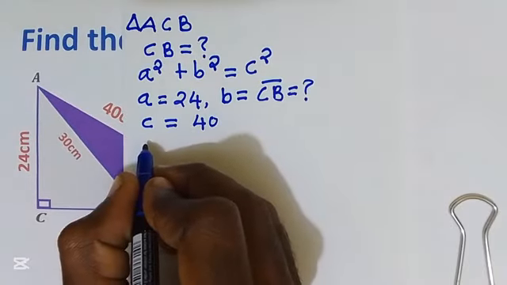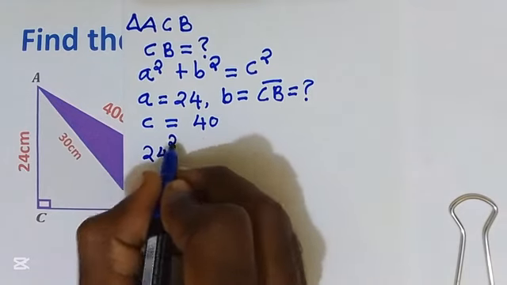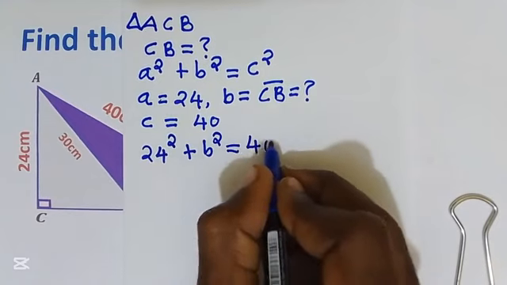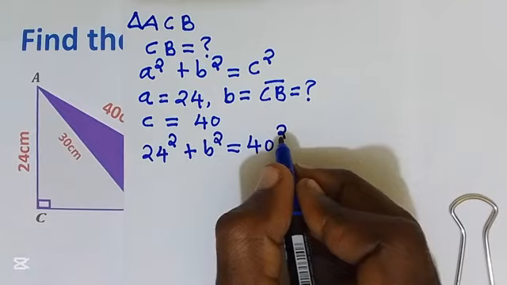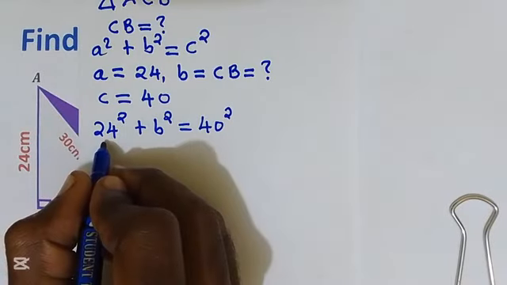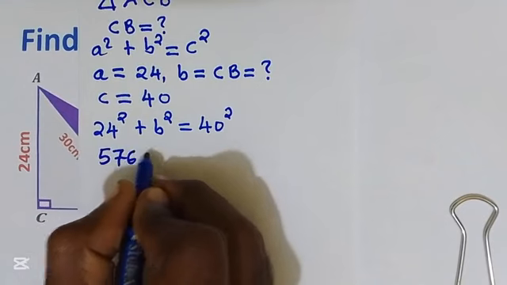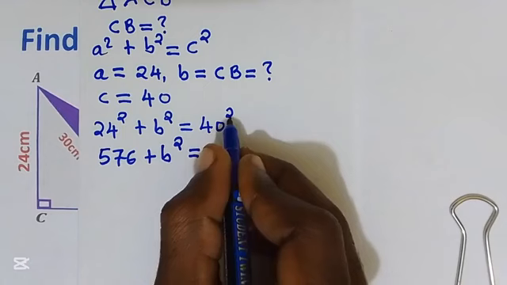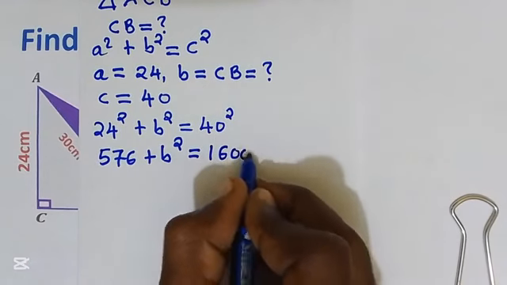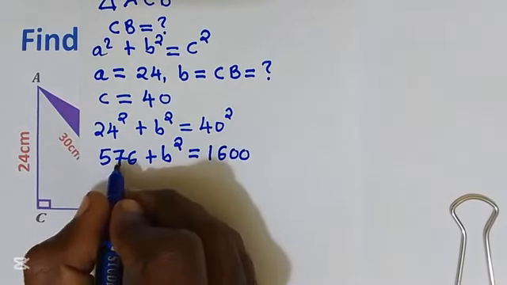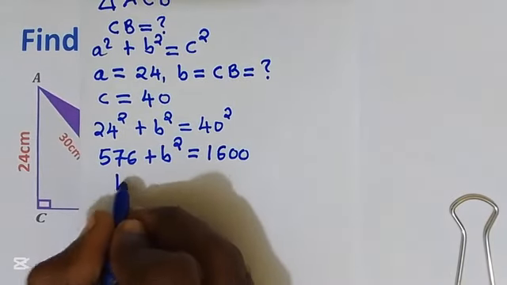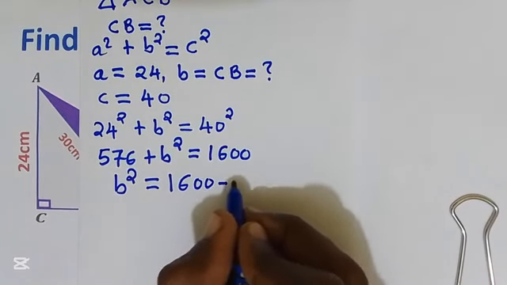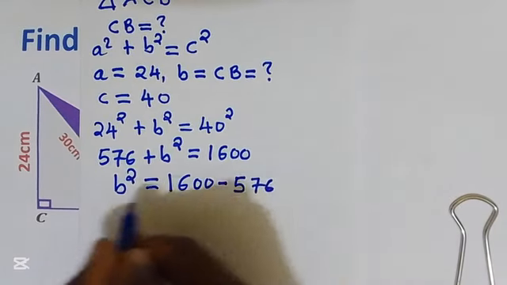That is going to be 24 square plus b square. This is equal to 40 square. 24 square is equal to 576 plus b square. This is equal to 40 square is equal to 1,600. Take 576 to the right hand side. We are going to remain with b square is equal to 1,600 take away 576.